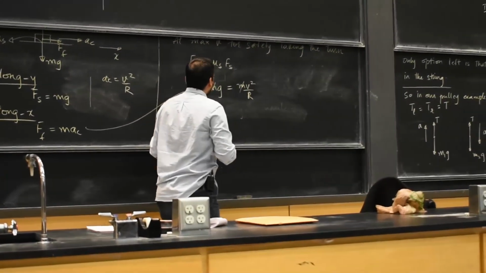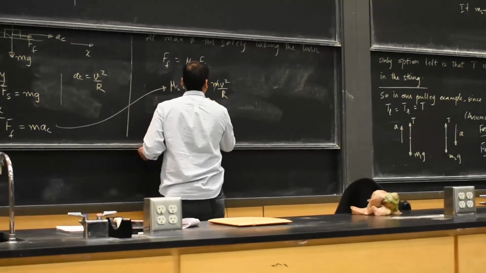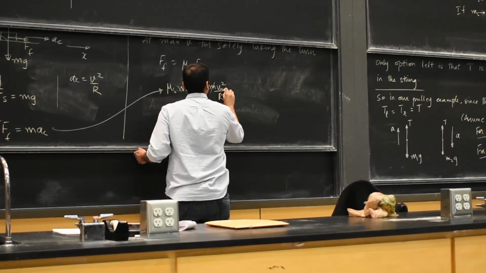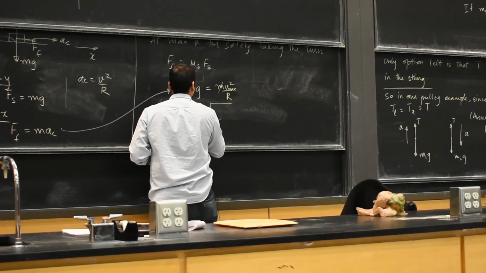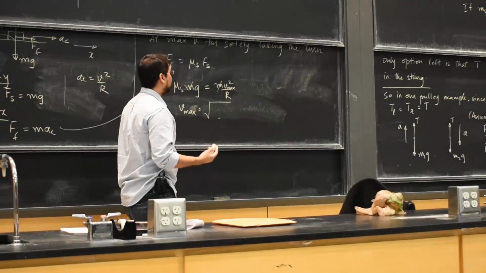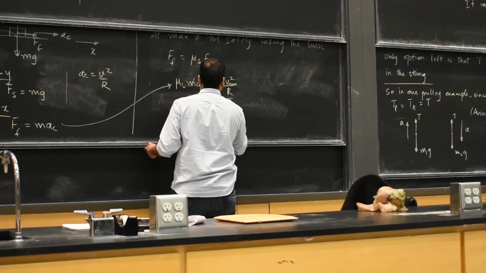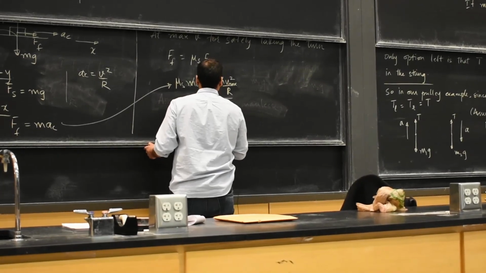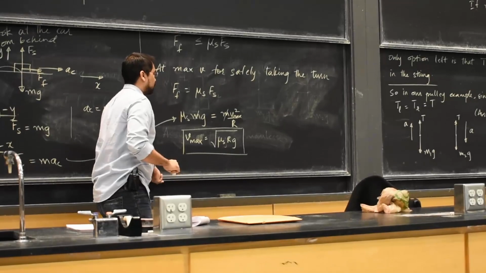I can get rid of the m's, dividing both sides by m. And this is v max. So the maximum speed I can take a turn with, assuming there's friction, is the square root of mu s times r times g.